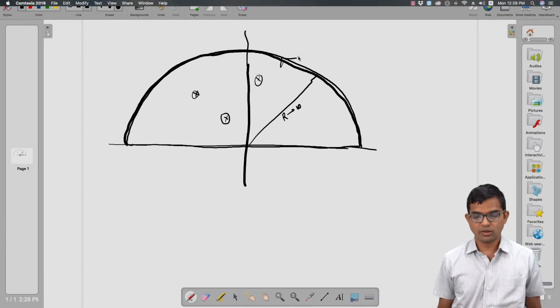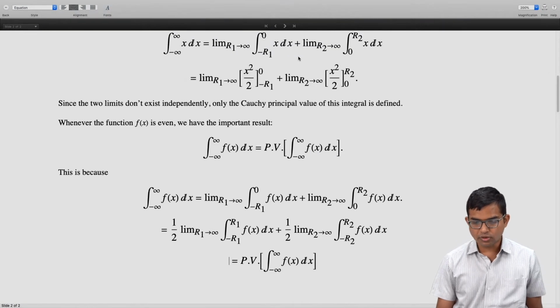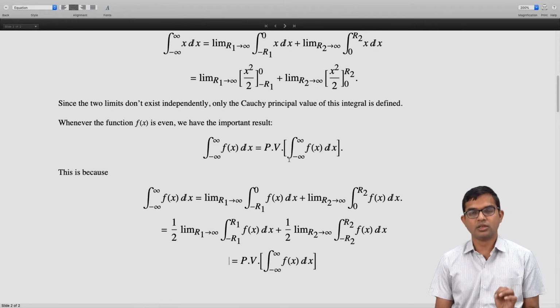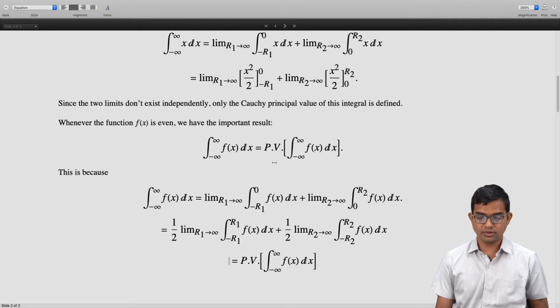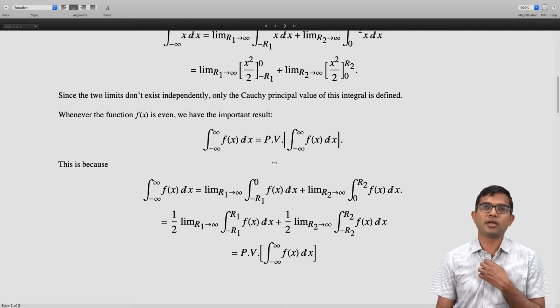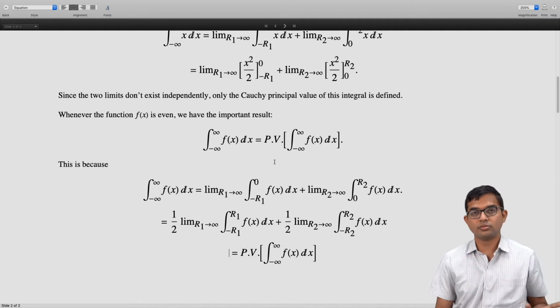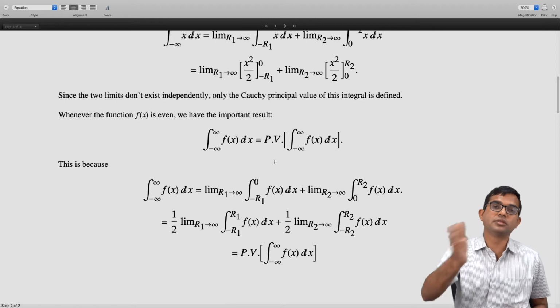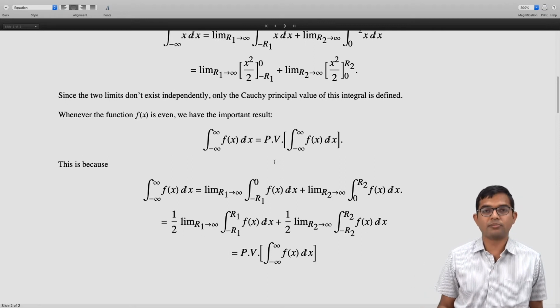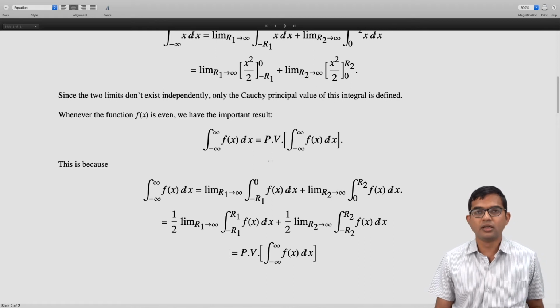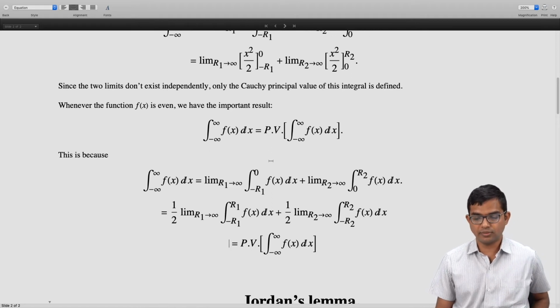I'm going to try and motivate a somewhat more complicated example where Jordan's lemma is important, but there are scenarios where even without Jordan's lemma you can directly argue that because r is becoming very large, the contribution along this semicircular part is going to go to 0, right? There is a way to argue for that, but let's look at what is called Jordan's lemma, right?